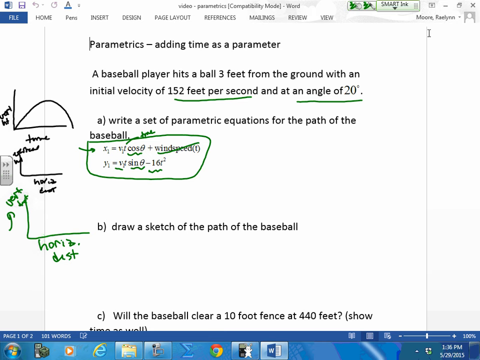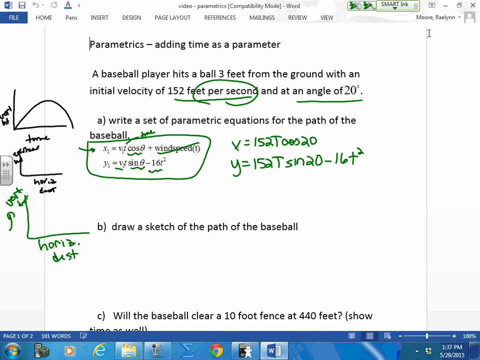So we're going to set up our equations. We're at initial velocity of 152 feet per second, so since this is dealing with time, we put the t. We want the cosine of our angle, and right now we have no wind speed. Our y equation will start out the same, the sine of 20, and we're going to put the negative 16t squared so that the pull of gravity can bring the ball to the ground.